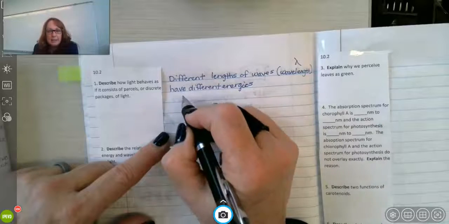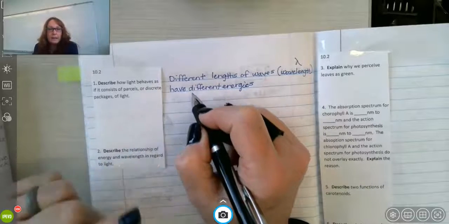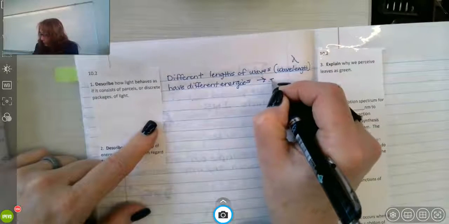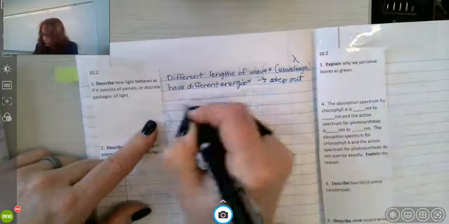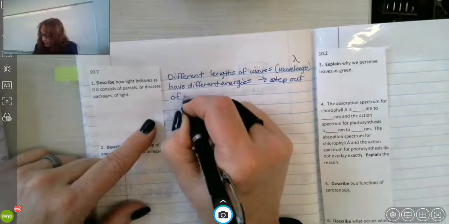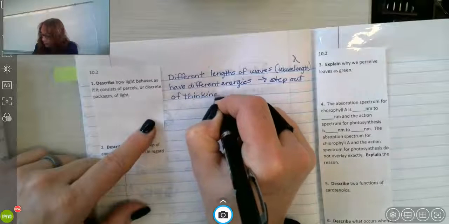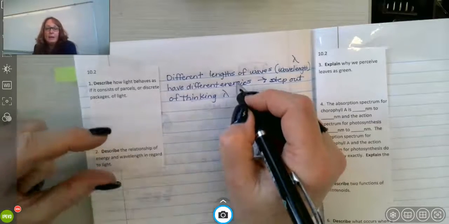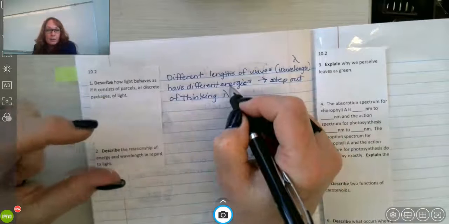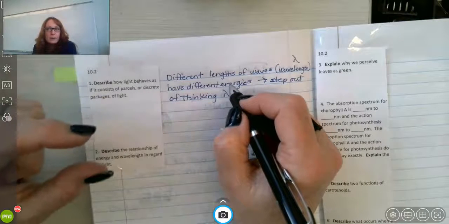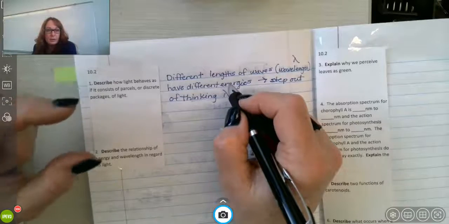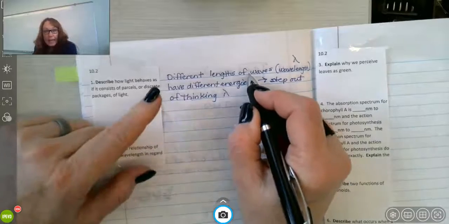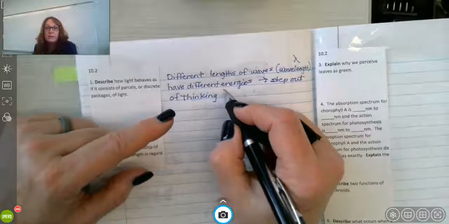If we just step out of that and think about it independent of wavelength, there's a certain amount of energy that is classified as a photon. It's a certain package or parcel of light. So it's going to change depending on the wavelength, because wavelengths have different energies.